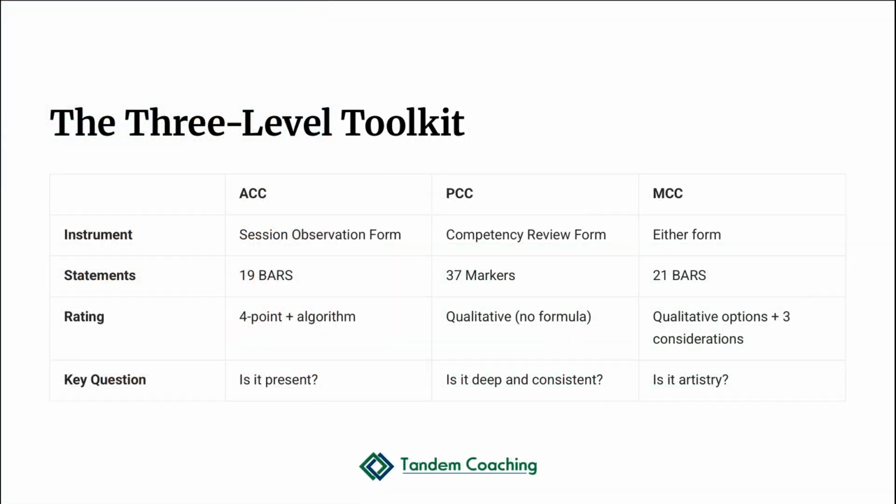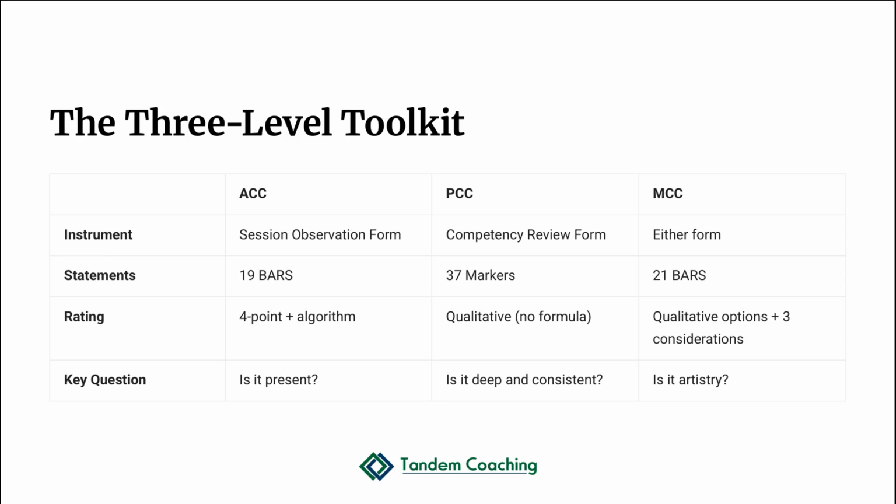ACC, Session Observation Form, 19 BARS statements, 4-point scale with a scoring algorithm. The question you ask: is this behavior present and at what proficiency? PCC, Competency Review Form, 37 markers, qualitative assessment without a formula. The question: is this behavior demonstrated with depth and consistency across the session?